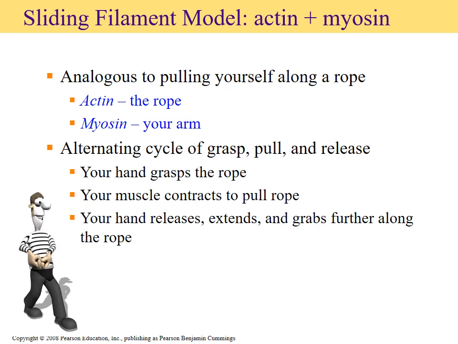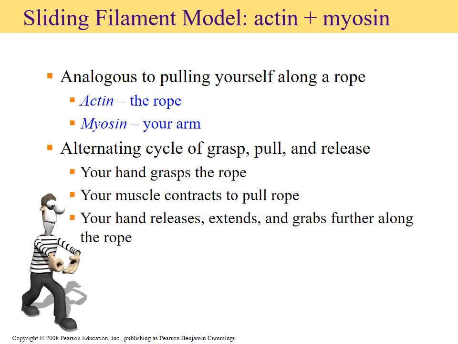If we want to have our muscles contract, we're going to have to engage the head of the myosin with the actin. The head of the myosin is what's going to make physical contact with the actin, and it will allow the actin to slide over in a very controlled pattern.